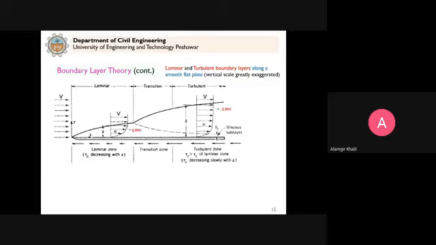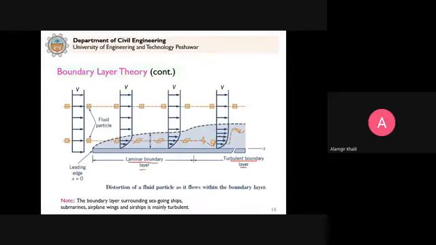It can be a transition zone here. It is also possible that the entire boundary layer is laminar. For example, this will continue and continue like this, so this entire layer will be laminar. It is possible, depending on the flow condition.